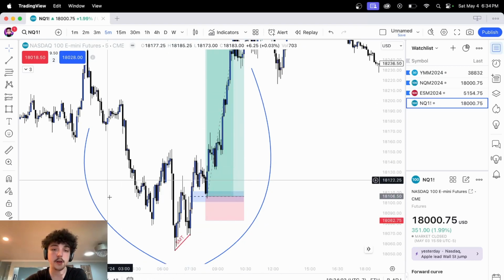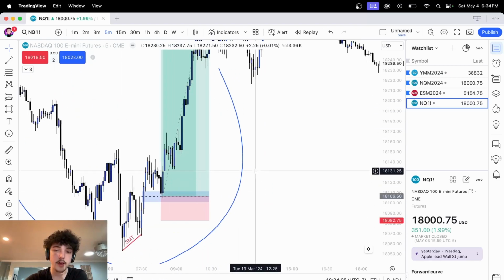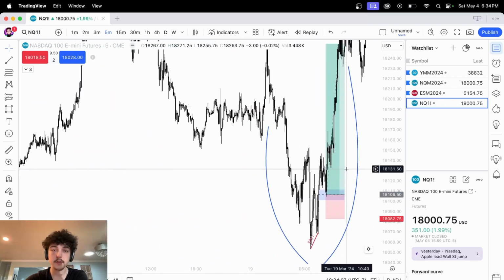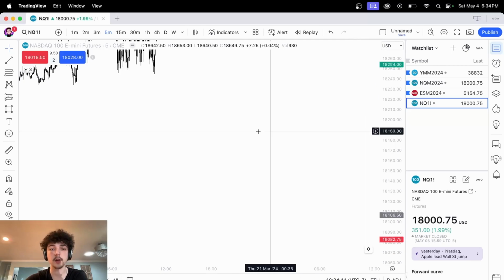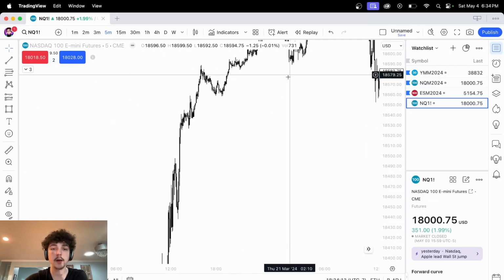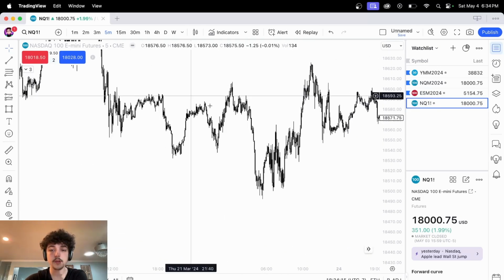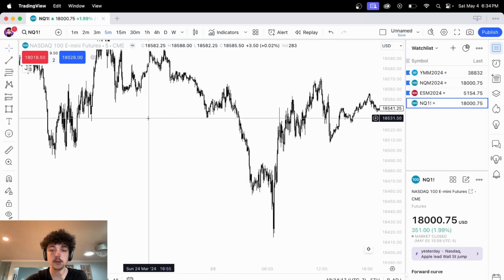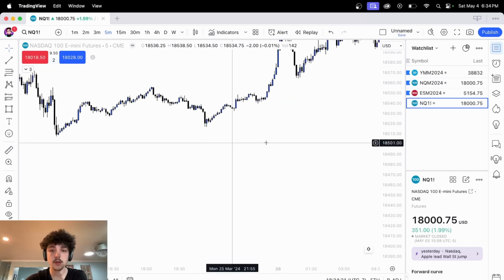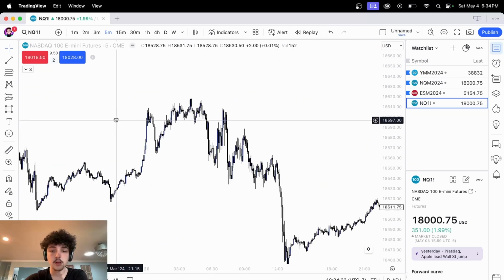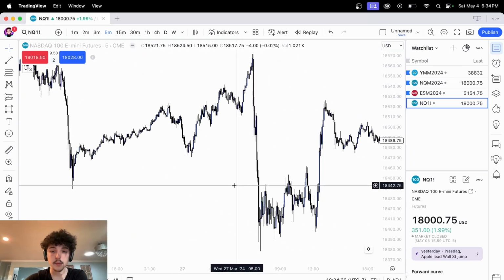Like I said, obviously here's our buy model in here. That's something we're going to want to be looking at. Let's see if we can find another example here on the chart. I'm sure we can. Let's see. See if I can find something. There hasn't been much.